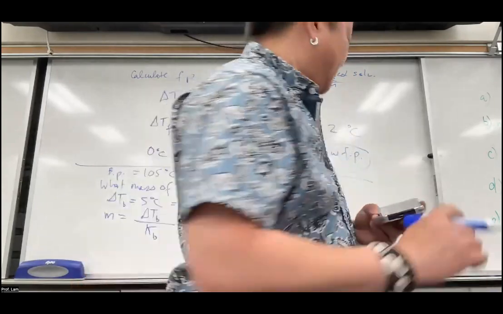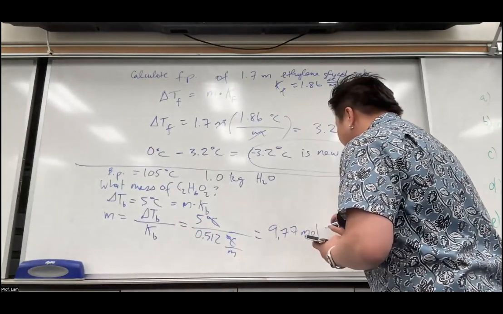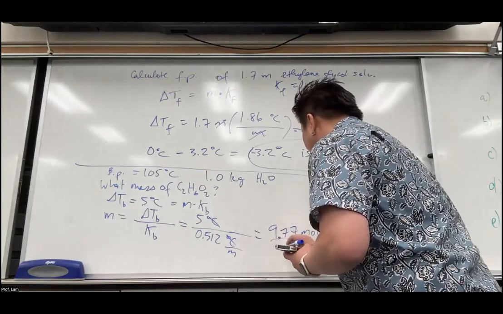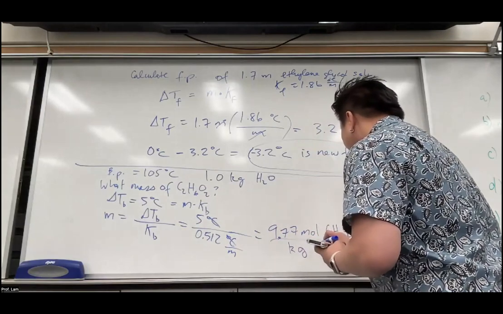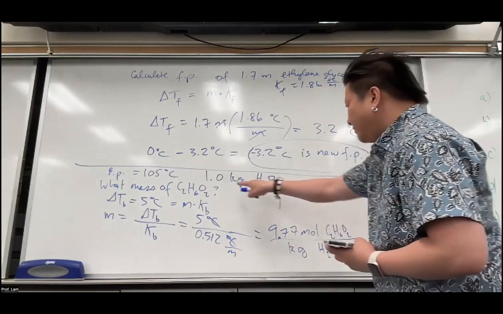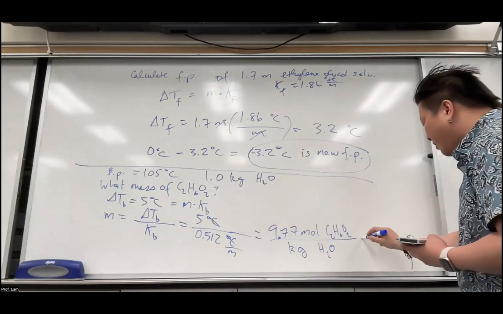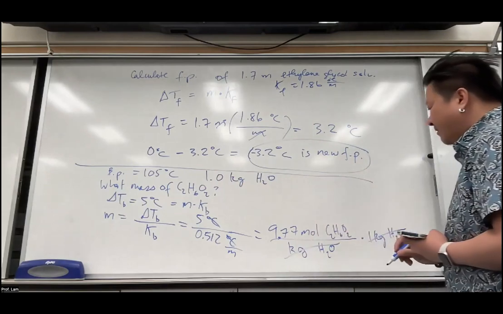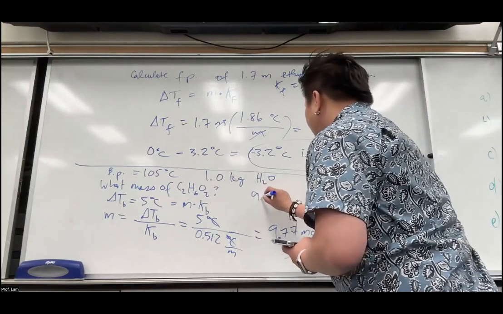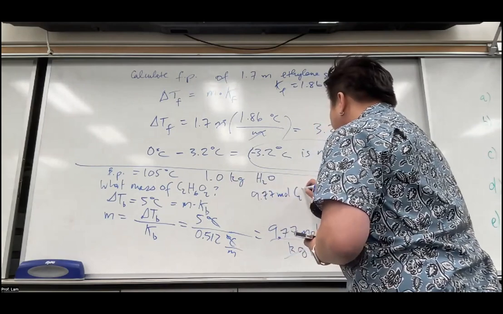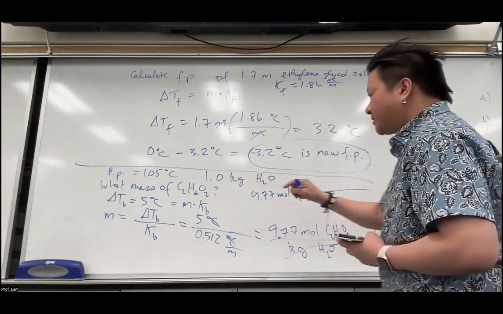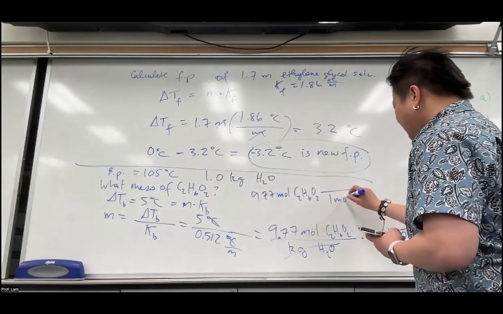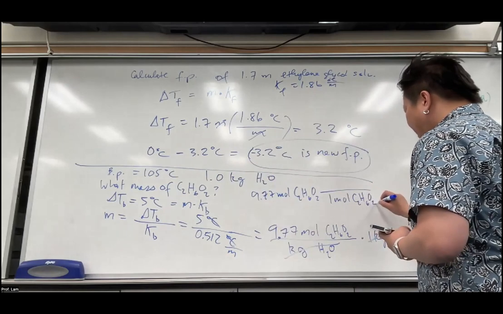And remember what molal is? Molal is moles of C2H6O2 over 1 kilogram of water. Okay, and then it tells us it's actually 1 kilogram of water, so we'll multiply by 1 kilogram of water, cancel that out, and we'll get moles of C2H6O2, but it wants mass. So we multiply by the molar mass, 1 mole of C2H6O2 on the bottom.